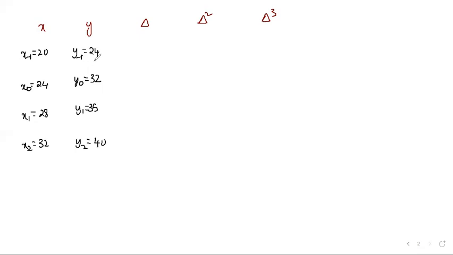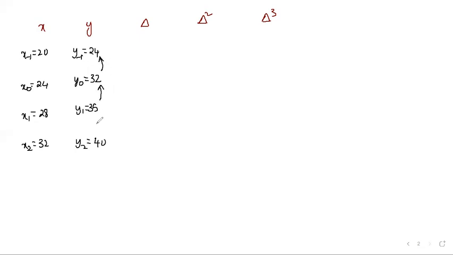We can enter the values. x minus 1 is equal to 20, x0 is equal to 24, x1 is equal to 28, x2 is equal to 32, and y minus 1 is equal to 24, y0 is equal to 32, y1 is equal to 35, y2 is equal to 40.